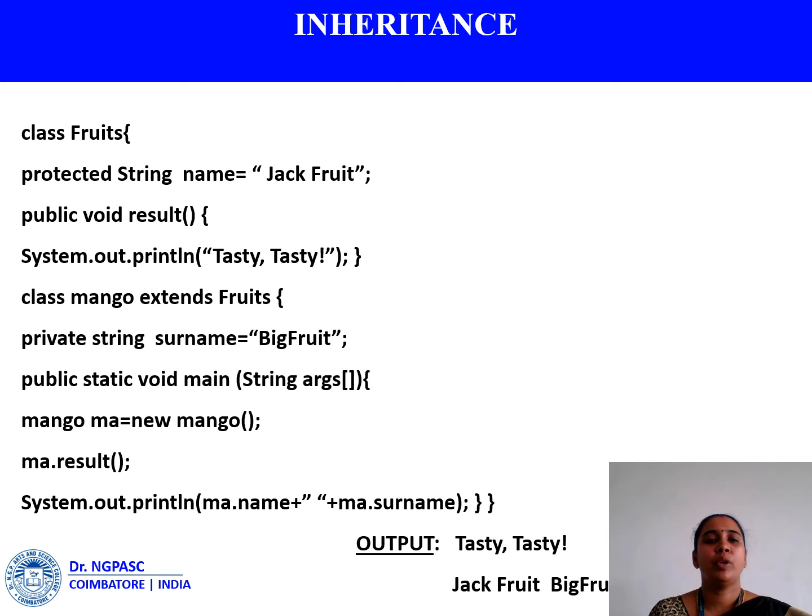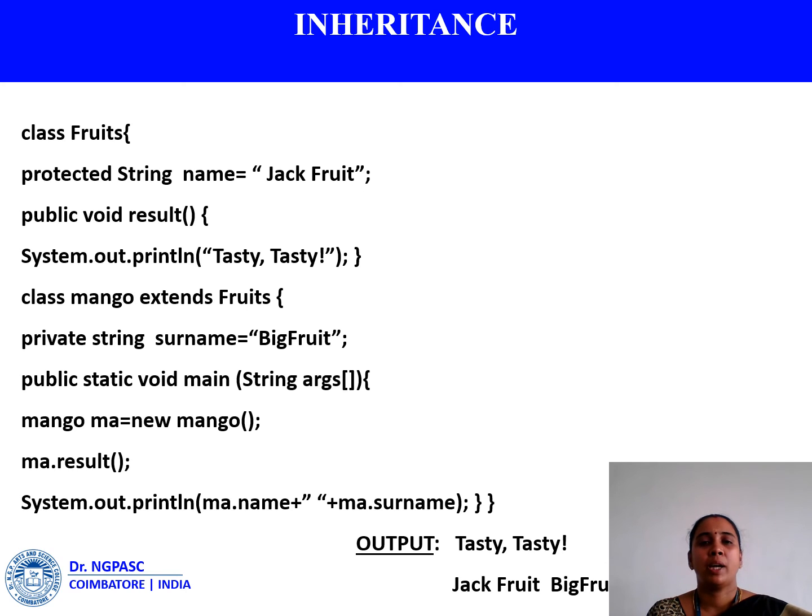After that I'm going to inherit the properties. Here the properties are the name, and the method result, which are the properties of this class Fruit. So I'm going to inherit the properties of the Fruits class into another class. The other class name is Mango, and to inherit the properties we have to use the keyword extends, then the base class name.